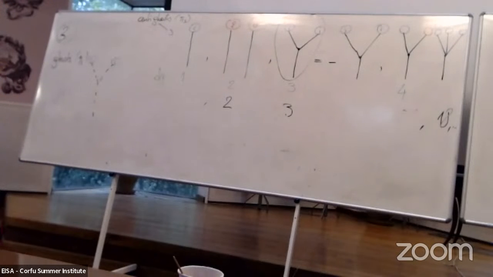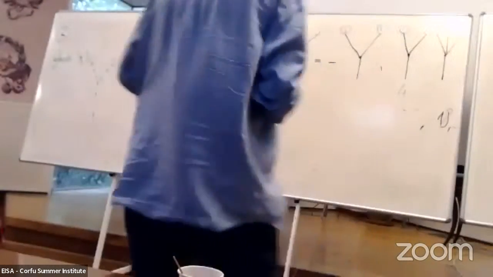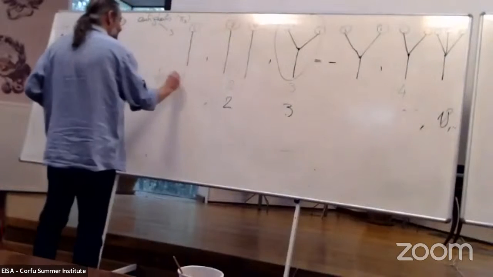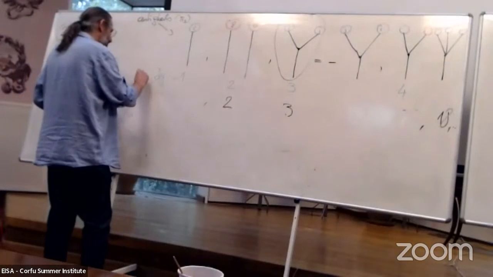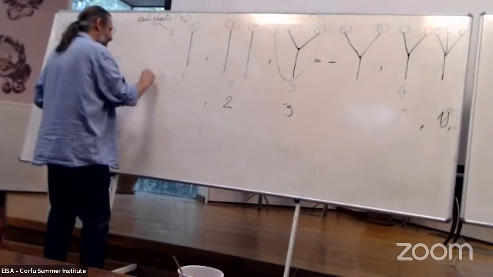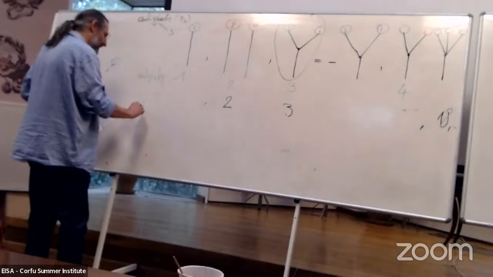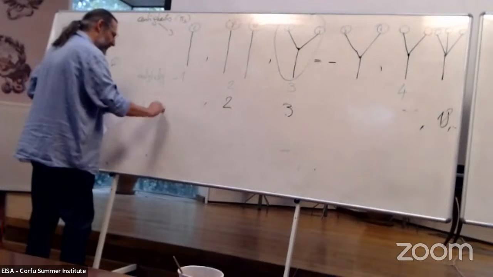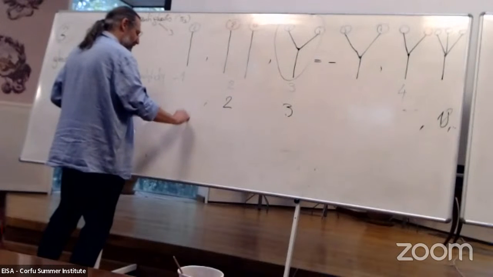But then the convention in this BFV business is to change the degrees here. So this is the anti-ghost degree or number, but then the total degree is the ghost number minus the anti-ghost number.